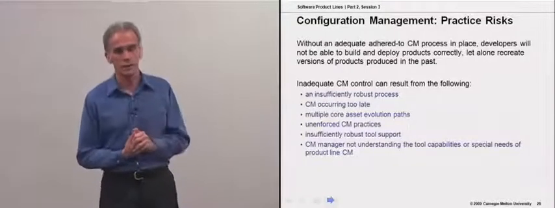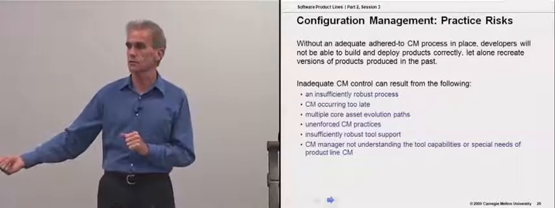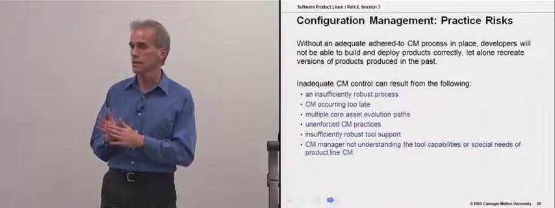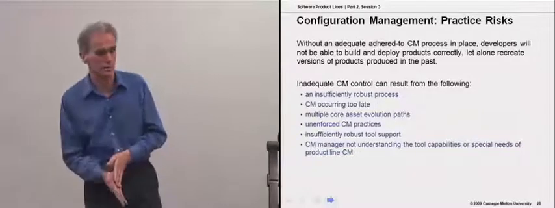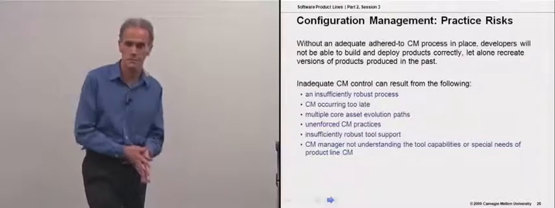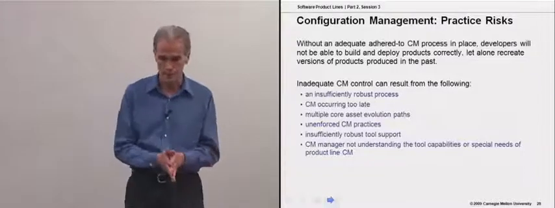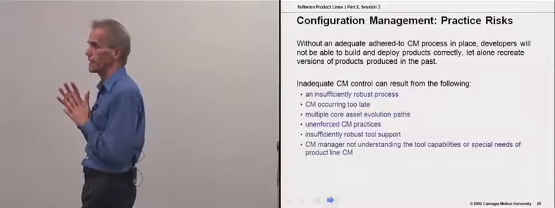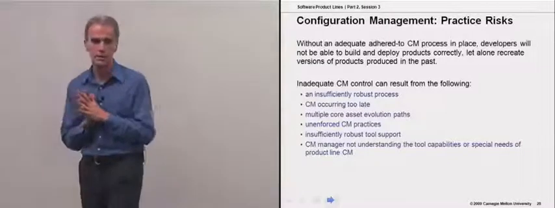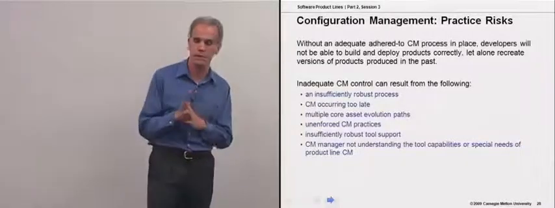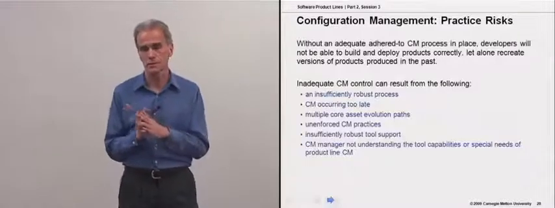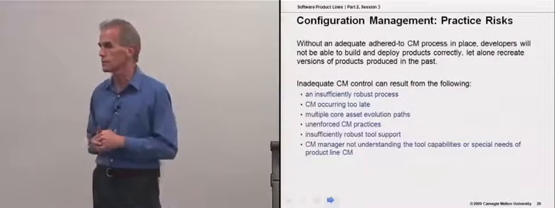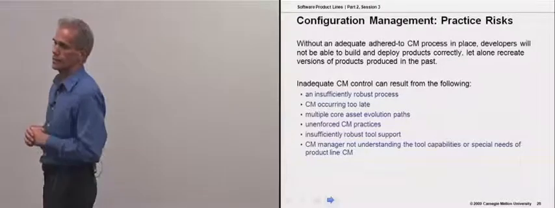Or you already have a product out the door using a subset of capabilities from your core asset base, and now you start to think about your configuration management needs when the horse has left the barn. You have the potential for clone and own at the core asset level in addition to clone and own at the product level in a product line context. So you need to make sure that you don't have these multiple evolution paths in your core asset base.